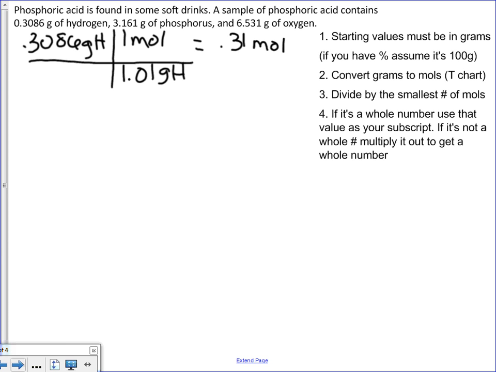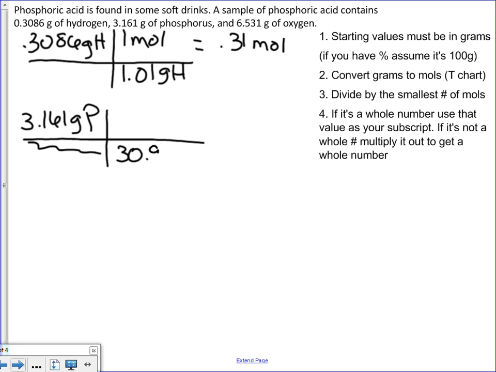We're going to do the same thing now for phosphorus. We have 3.161 grams of phosphorus. We look up the mass for phosphorus on the periodic table. It is 30.97 grams in 1 mole.